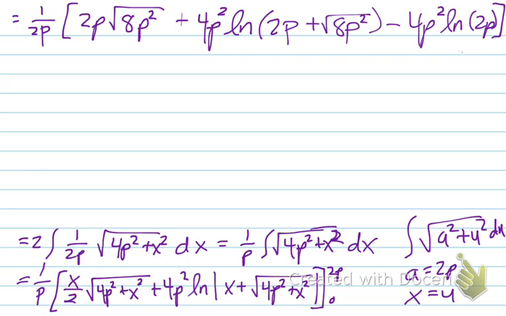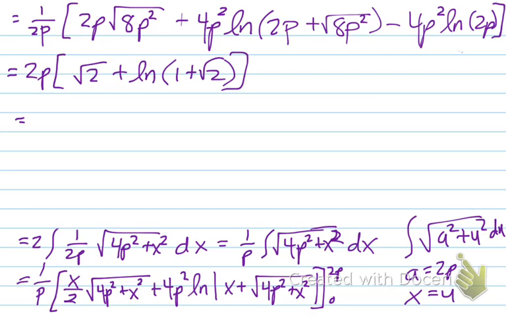I know it's a lot. The fact that they don't have a value for p kind of makes it weird because you can't actually plug in anything for that, but sometimes you just have to make it generic. So all of that simplifies to the square root of 2 plus ln of 1 plus the square root of 2. And if you put that in a calculator, you get 4.59p. Whew. And that's how long the arc is, depending on what p would be.